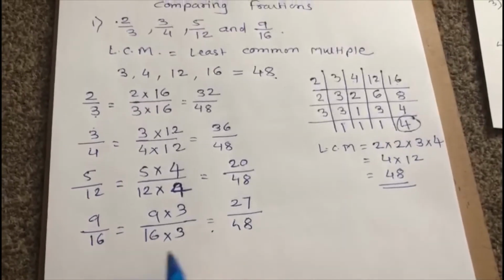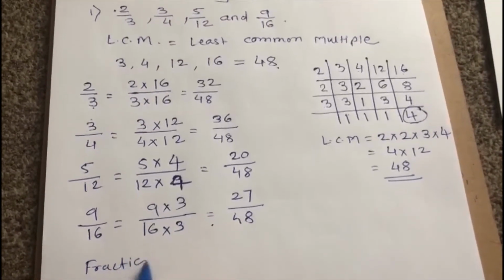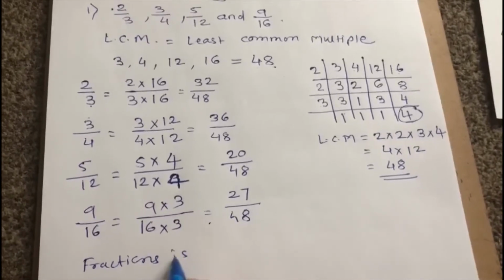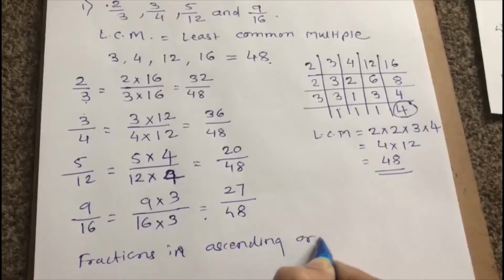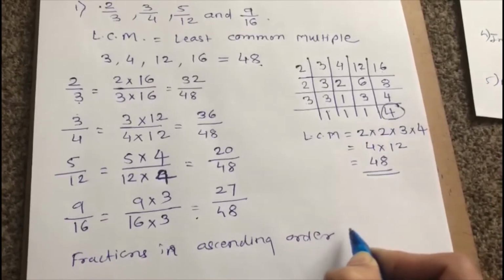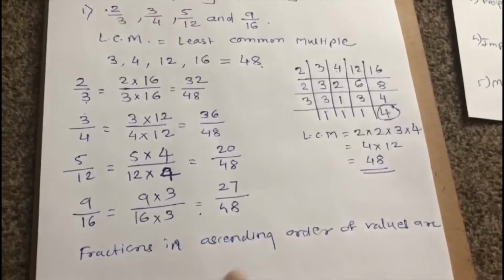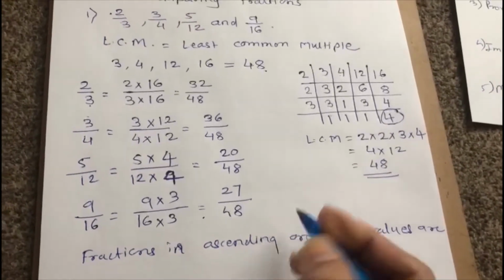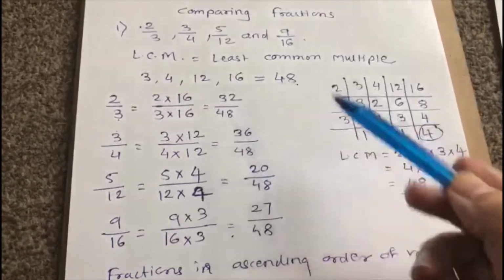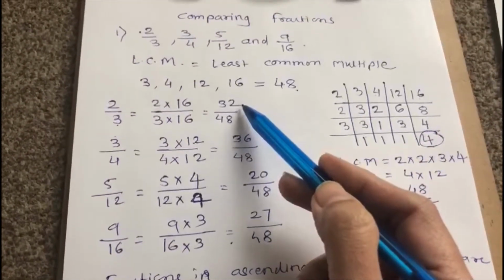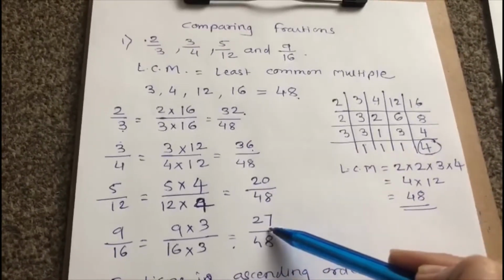So the fractions in ascending order of values are: as you see here, the denominator is the same and the numerators are 32, 36, 20 and 27.